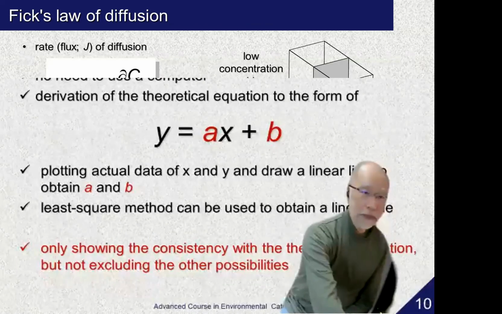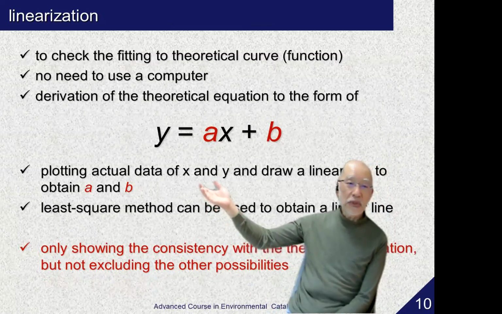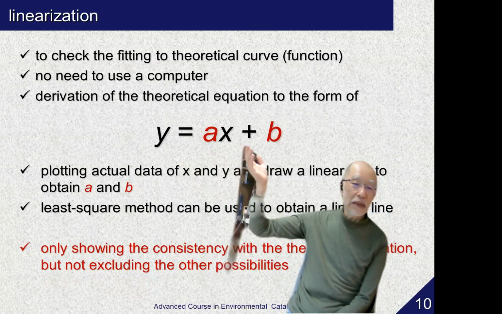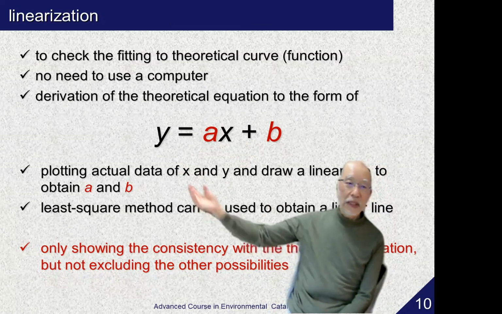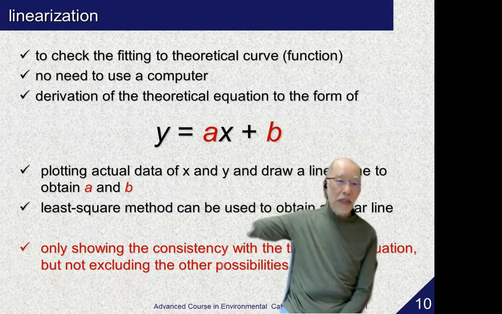And anyway, linearization, chokusen kinji in Japanese, is to derive the equation into the form y equals ax plus b.